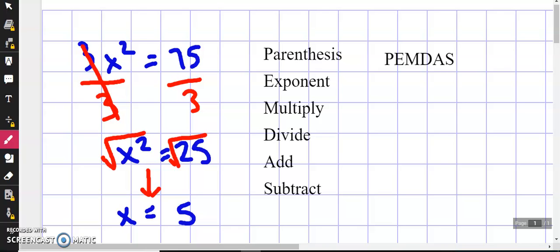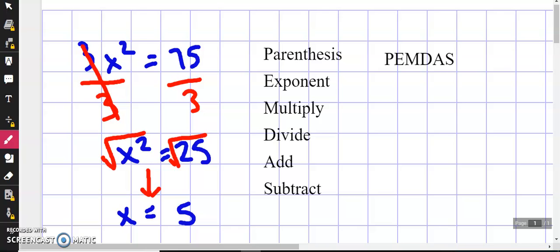If we remember from our video on complex numbers, when I square 5, 5 times 5 gives me 25, which is where that square root comes from. But we also know that negative 5 times negative 5 would also give me 25. So since I am solving for potential values of x, x could be either a positive 5 or a negative 5, and I would still get 25 as my value of x squared.